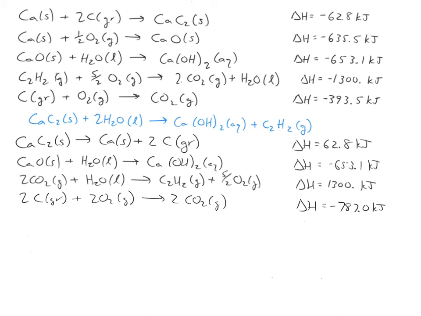All right. Now, let's just start canceling some stuff and seeing what cancels and what doesn't, because at this point it's starting to become complicated. So I have two carbon graphites as reactants and as products, so those cancel.